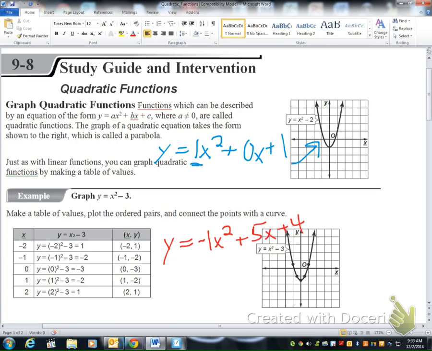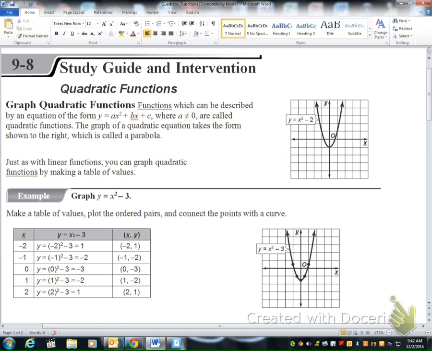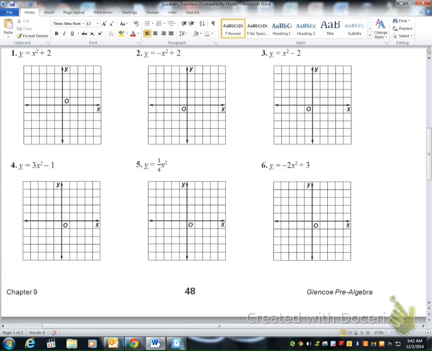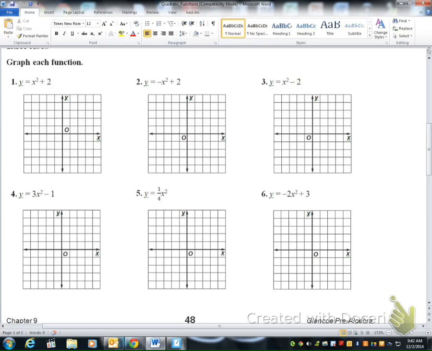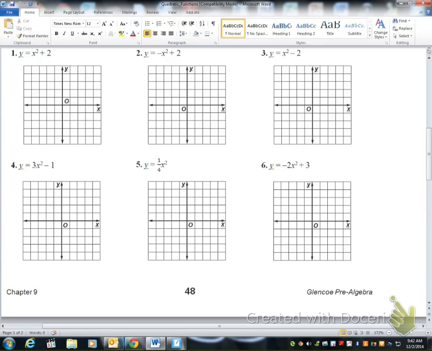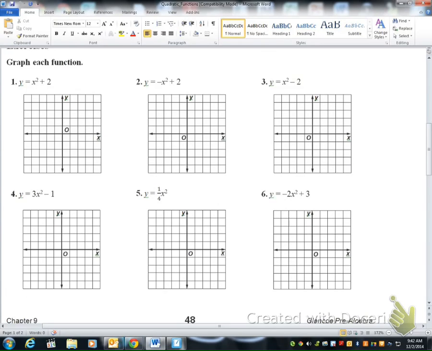All right, let's look at some examples together. Scroll this down. All right.